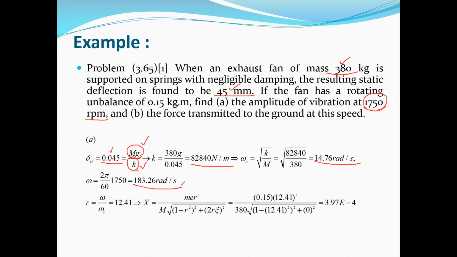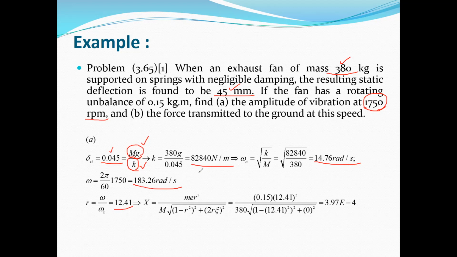And this is 183.2 radian per second, the frequency of the rotation for the fan. Now we can calculate the frequency ratio, which is the ratio of omega to omega n, and it's equal to 12.41. As you can see, omega is more than omega n. It's about 12 times omega n, the natural frequency of the system.